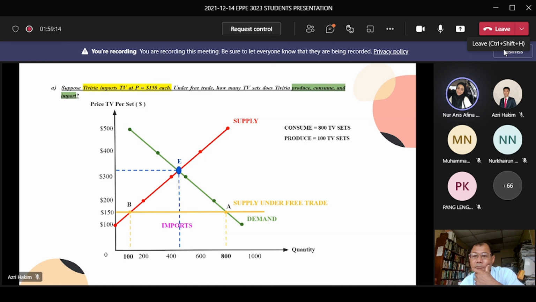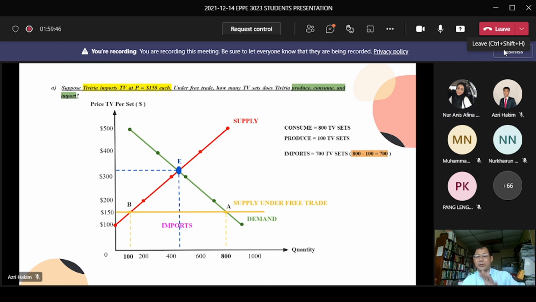Thus, at $150, the quantity will be halfway between 700 and 900. Similarly, at the price of $150, domestic suppliers are only willing to produce 100 TV sets, as indicated at point B by the intersection of the world supply and TVRA supply curve. This means that TVRA has to import the difference between these two amounts to satisfy domestic demand, so TVRA will import 700 TV sets.